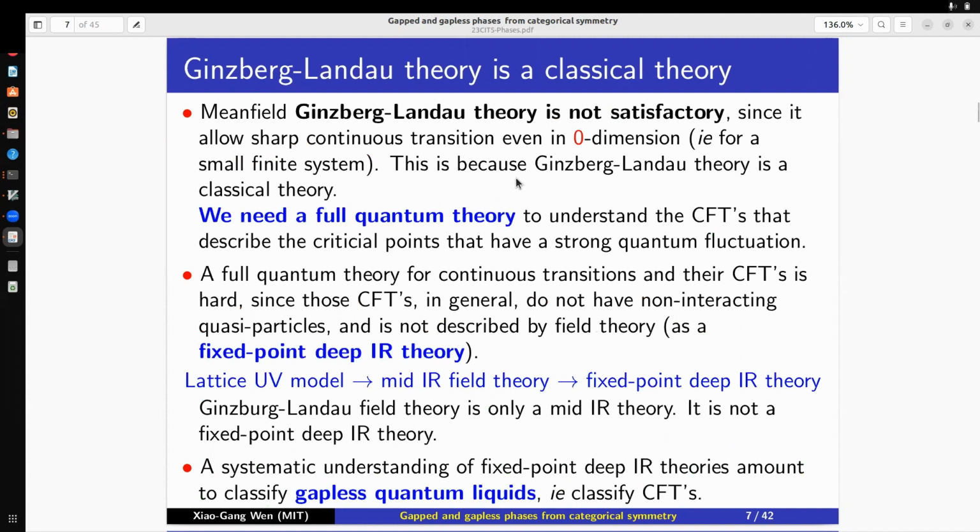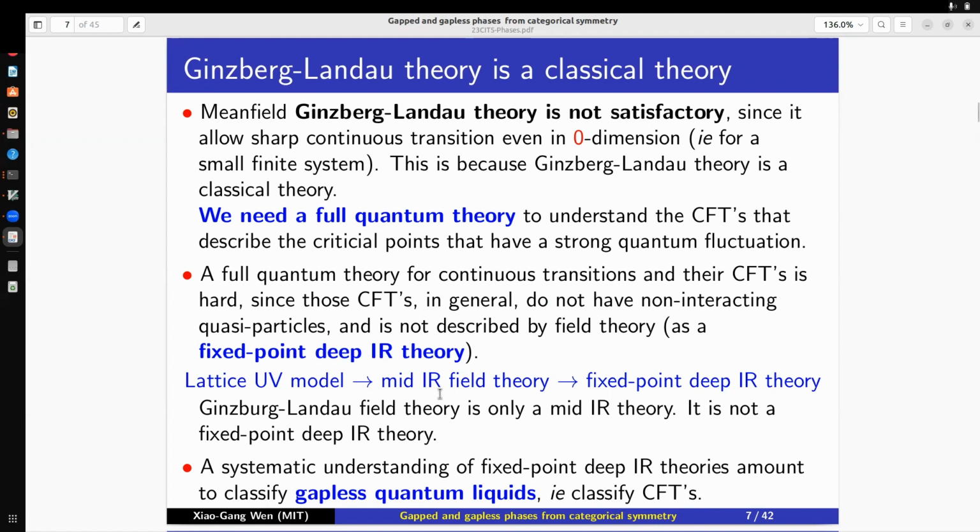So the Kinsman theory, I mentioned, is not very reliable because it even predicts a first order transition or continuous transition even at 0 dimension. And the point really is the following: we need the so-called full quantum theory to understand the critical point. The full quantum theory actually means the fixed point deep IR theory. However, the Kinsman theory is not a deep IR theory.